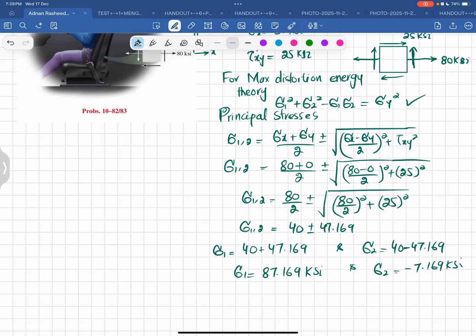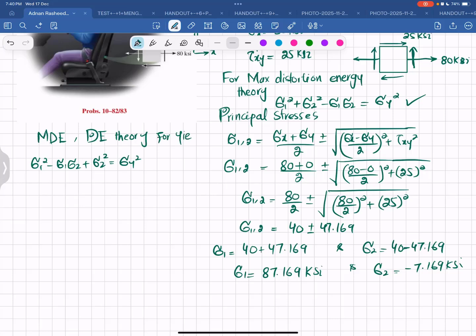So put it in this condition in the maximum distortion energy theory. That is, sigma 1 squared minus sigma 1 into sigma 2 plus sigma 2 squared is equal to sigma yield squared. That is for yielding.